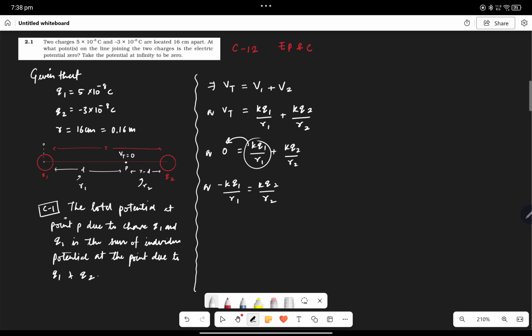Okay, now I am putting in these values. Let's first eliminate the terms that we can cancel out.